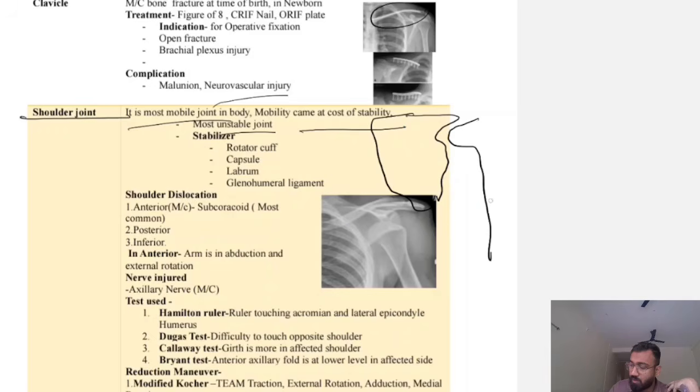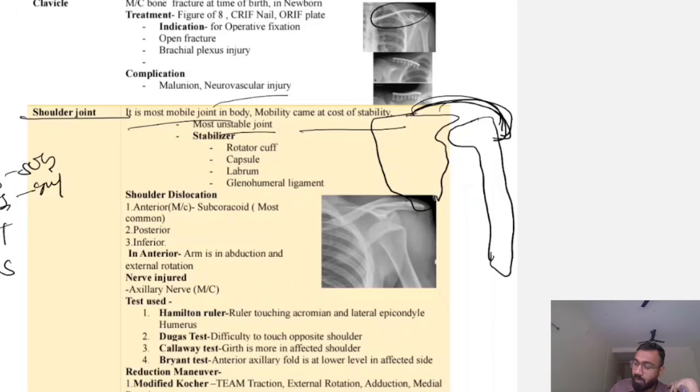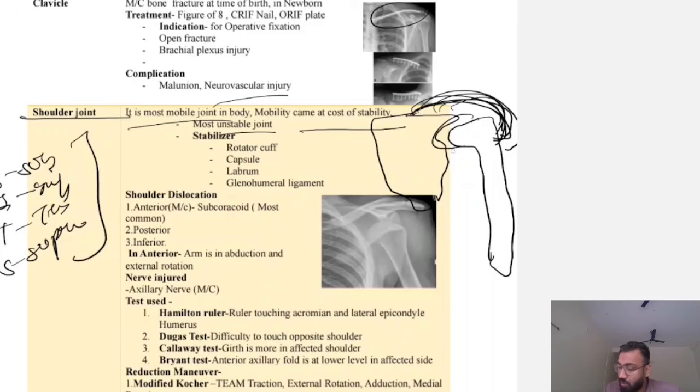This is the humerus. There are so many muscle attachments here known as the rotator cuff. There are 4 muscles in the rotator cuff: subscapularis, infraspinatus, teres minor, and supraspinatus. These 4 muscles are attached here. There is a capsule, there is a labrum, glenohumeral ligaments. These keep the humerus in place.